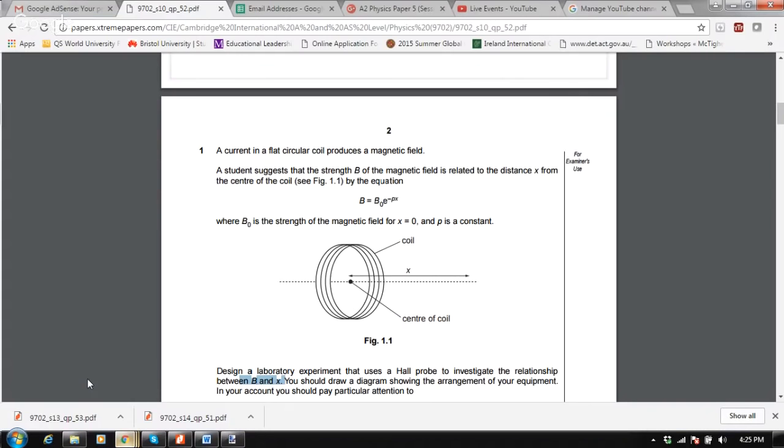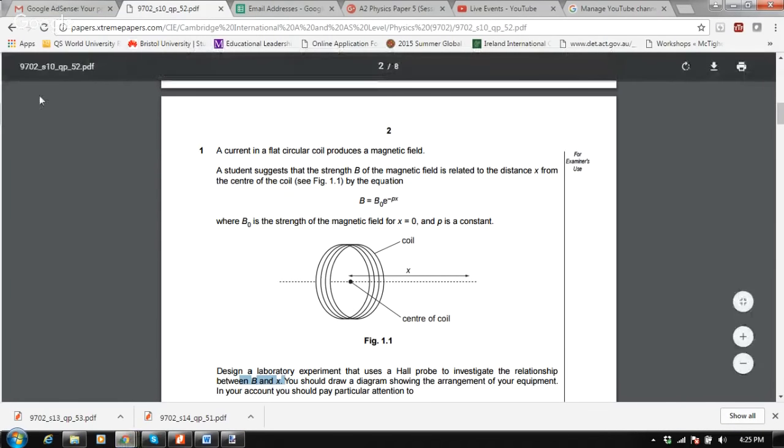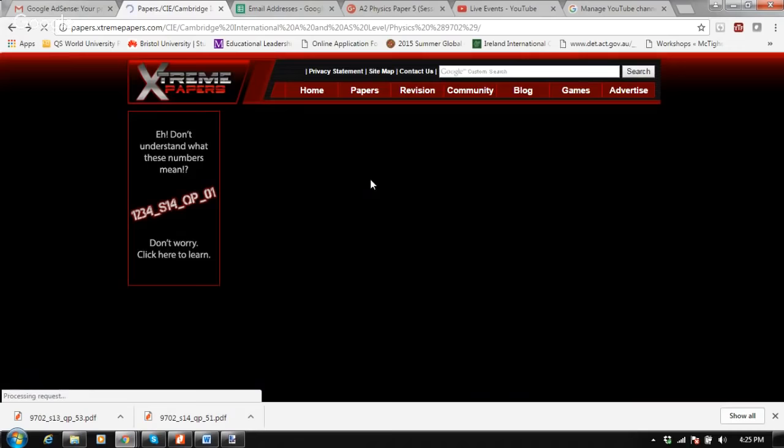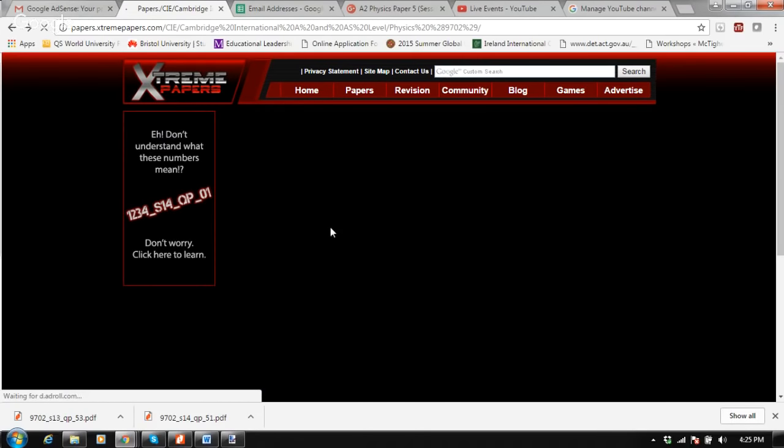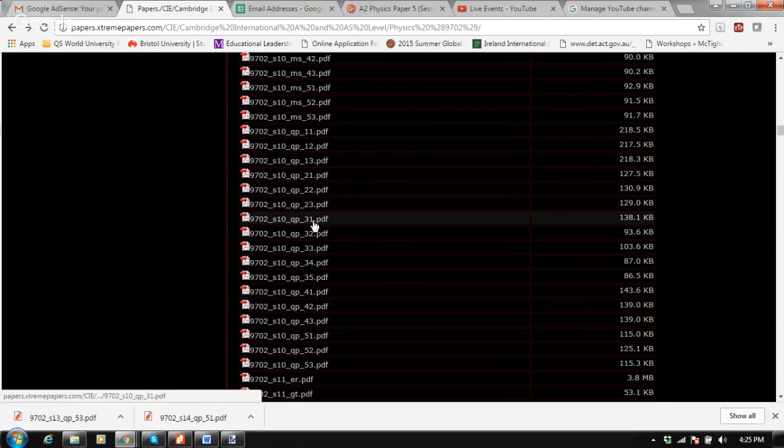Now if you refer to the mark scheme, it will have certain points. Let me show you the marking scheme of this question paper. Anyway, this was paper 51, I guess.